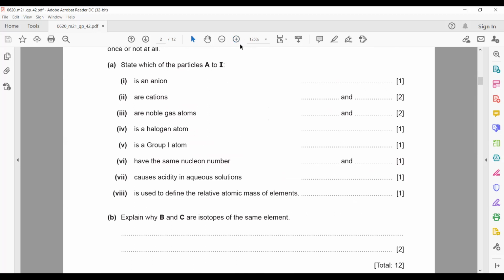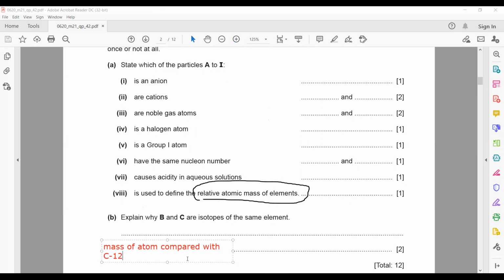In part D, Abdullah, they're asking which is used to define the relative atomic mass of element. What is the meaning of relative atomic mass? Relative atomic mass is the mass of atom compared with carbon 12.